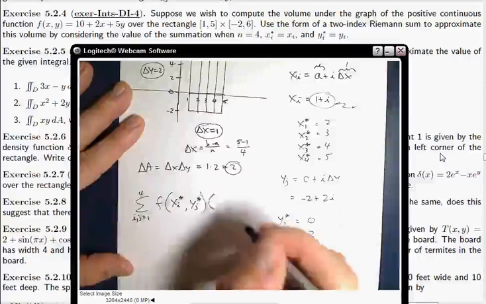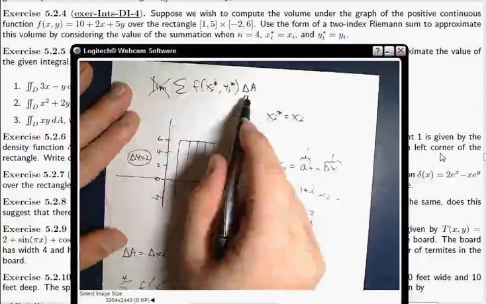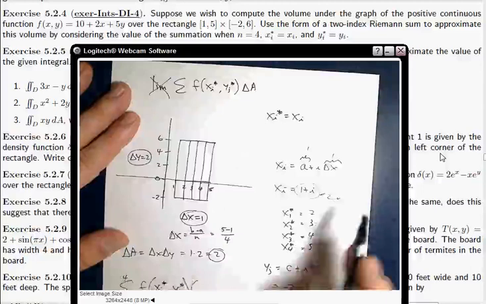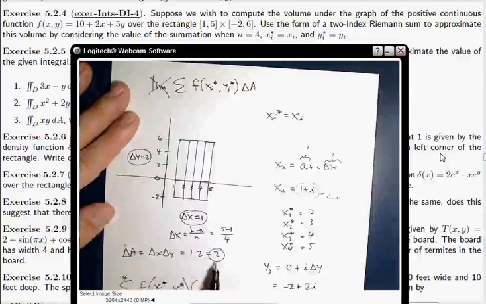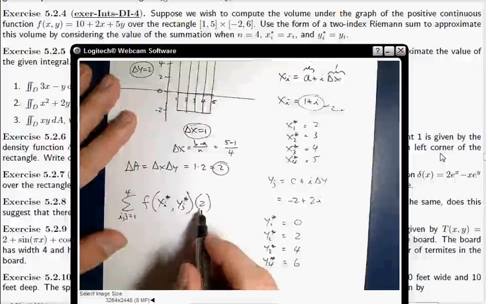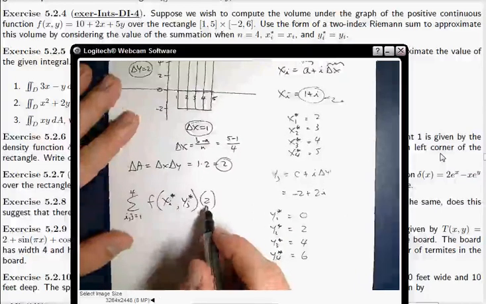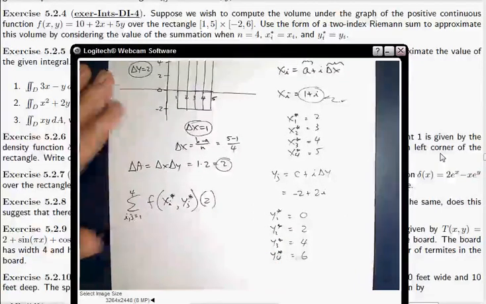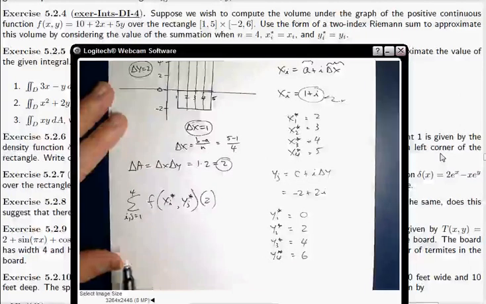Then you multiply that by the area, which we've agreed is 2. That's always a constant, independent of i and j, which is handy. So you just have to add up 16 things.